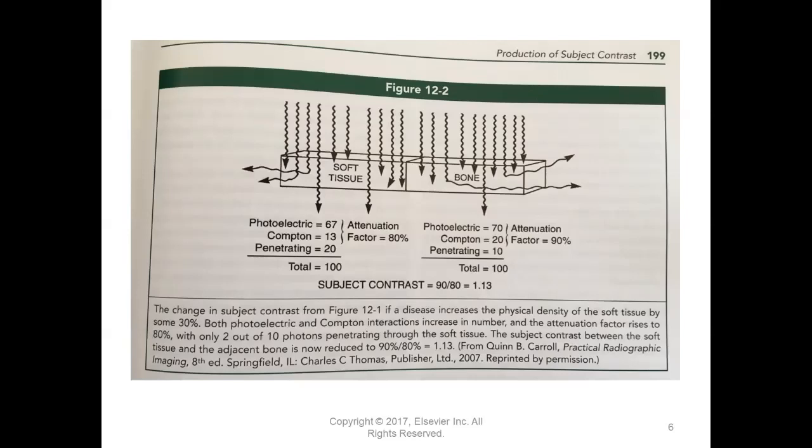So the bone at this point in figure 12.2 is absorbing only 13% more radiation than that thicker soft tissue. There's less difference between the two tissue types, much less subject contrast.